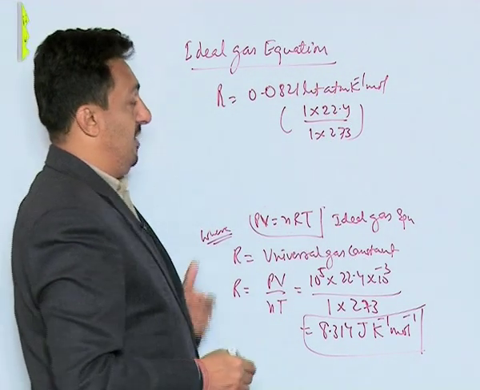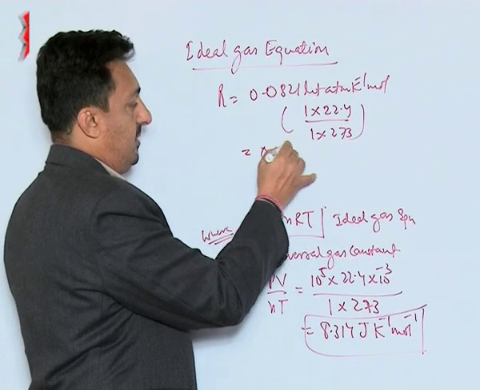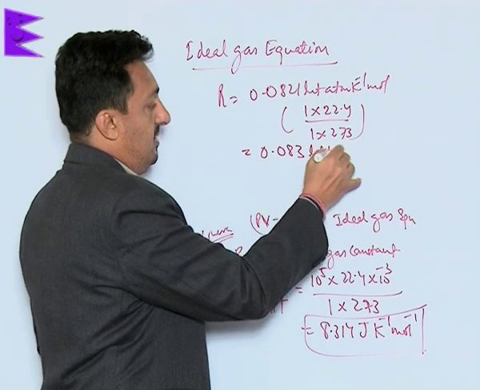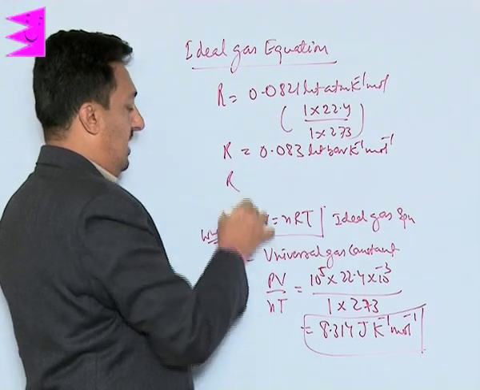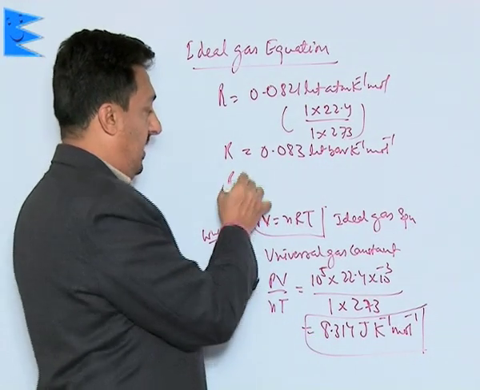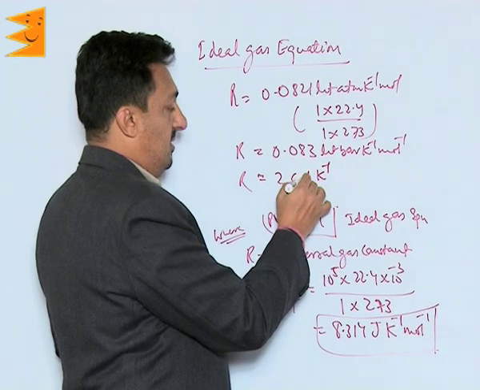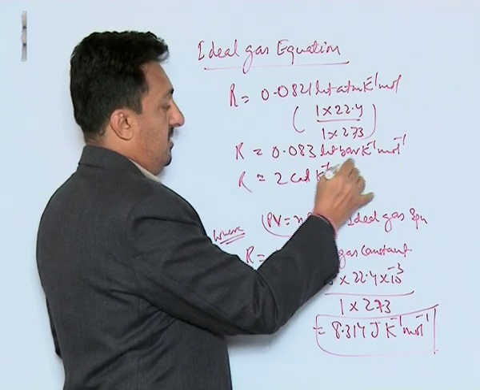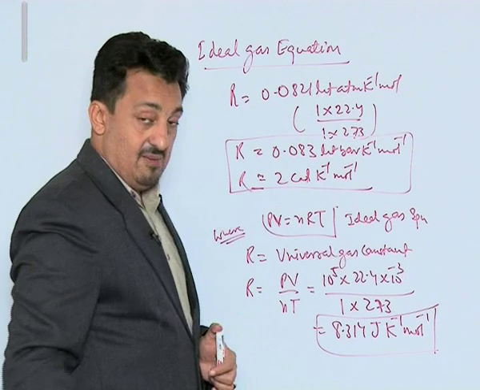And if we take the pressure in bar, it becomes 0.083 liter bar per Kelvin per mole. And if we want R in terms of calories, we know 1 calorie is 4.184 joules. So if we divide, it comes out to be nearly 2 calories per Kelvin per mole. So these are the values of R, the gas constant, which we must remember.